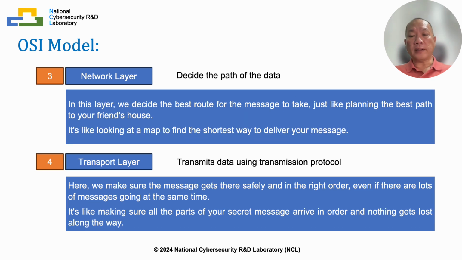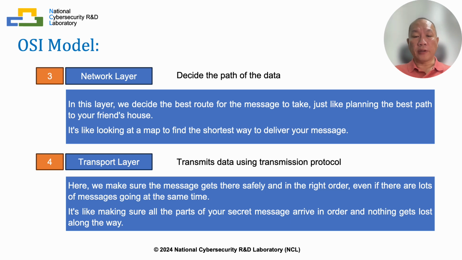Now, the next layer up from the data link is what we call the network layer. This is the layer that defines the path. We have already connected to the hardware and to the cable. Now we need to specify how the data moves along the path.